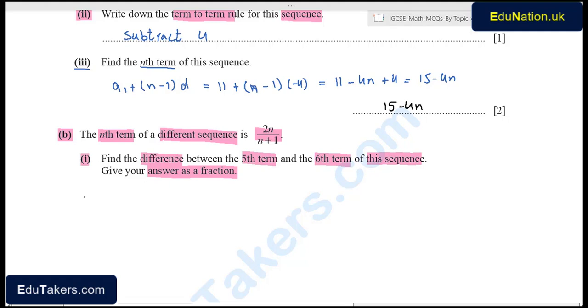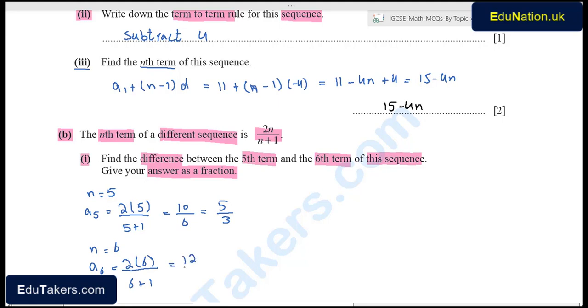For the fifth term, n is equal to 5 and a5 is equal to 2 into 5 over 5 plus 1, which is 10 over 6, and this is 5 over 3. For the sixth term, n is 6 and a6 is 2 into 6 over 6 plus 1, which is 12 over 7.